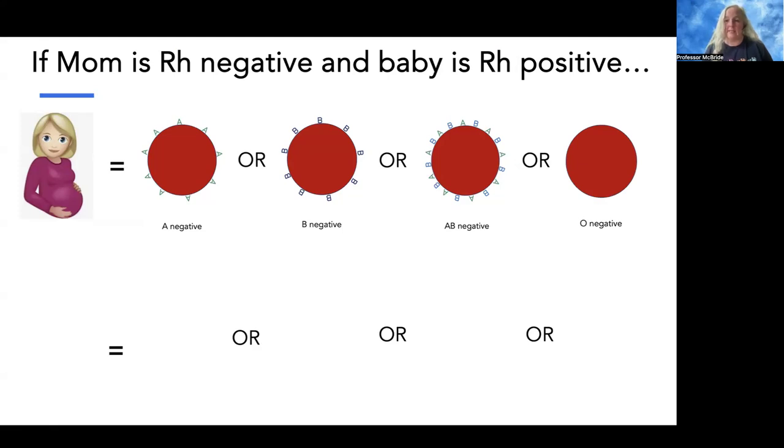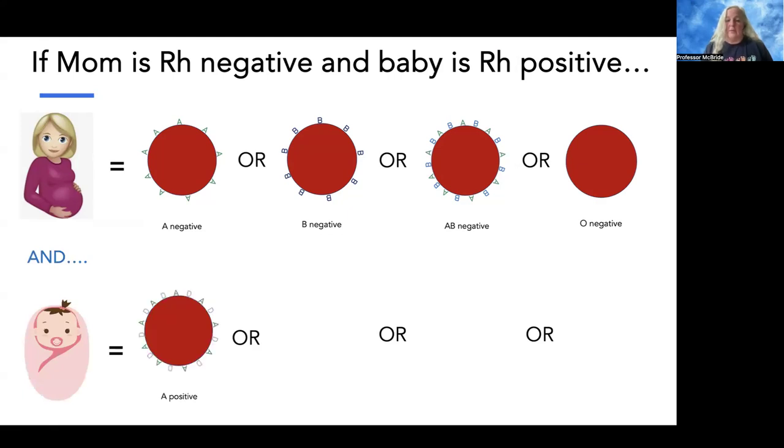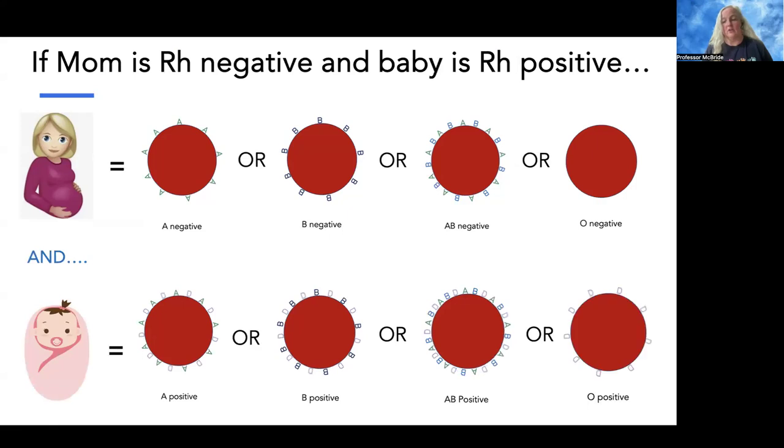This is when this is affected: if mom is RH negative and the baby is RH positive. So the baby can be A with an RH factor, B with an RH factor, AB with an RH factor, or O with an RH factor. So you can see when you look at it lined up like this, you can see the difference.